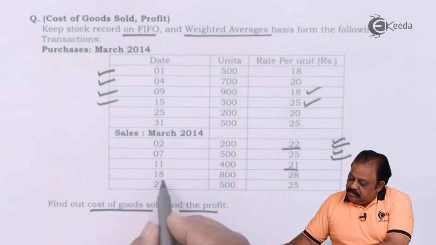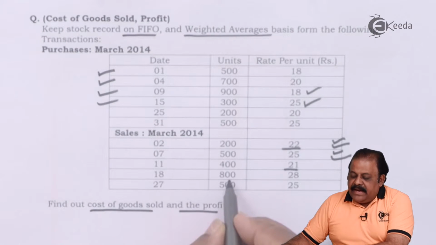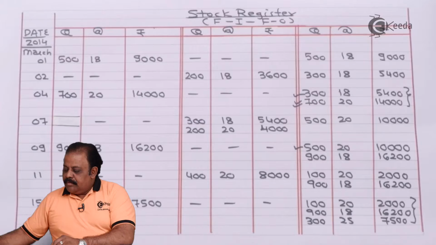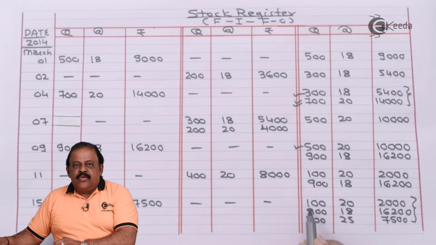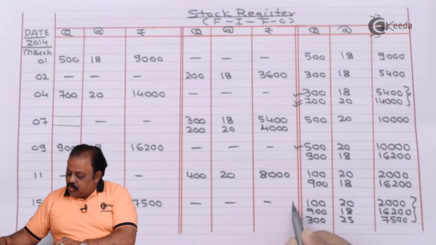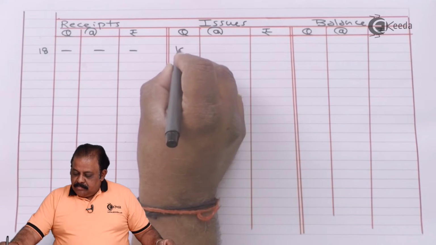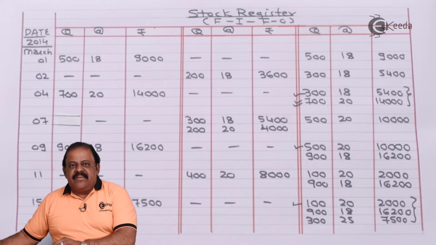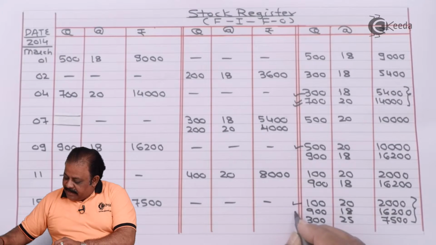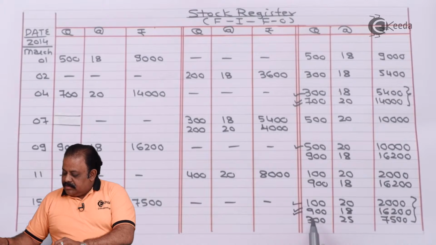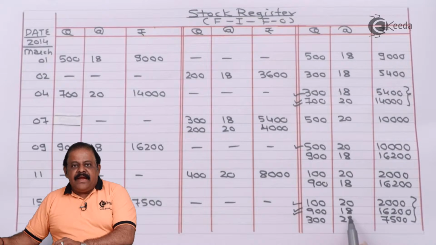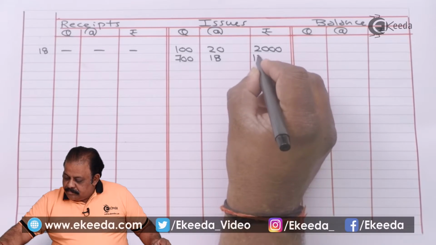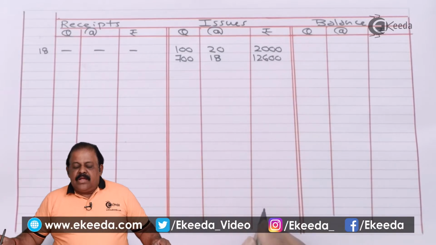On 18th, there is sale of 800 units. We have stock of 100 units oldest that will be issued first. We want 700 units more that will be taken from the next stock, 900 units, 18 rupees, 12,600.